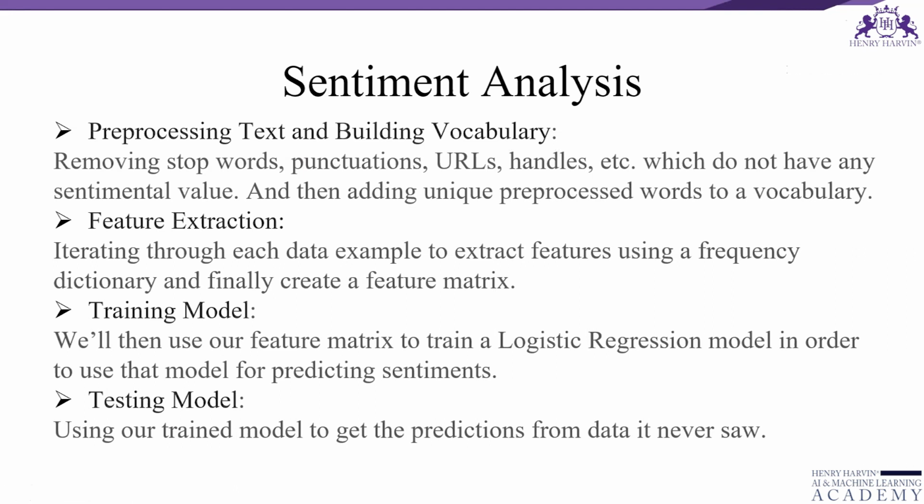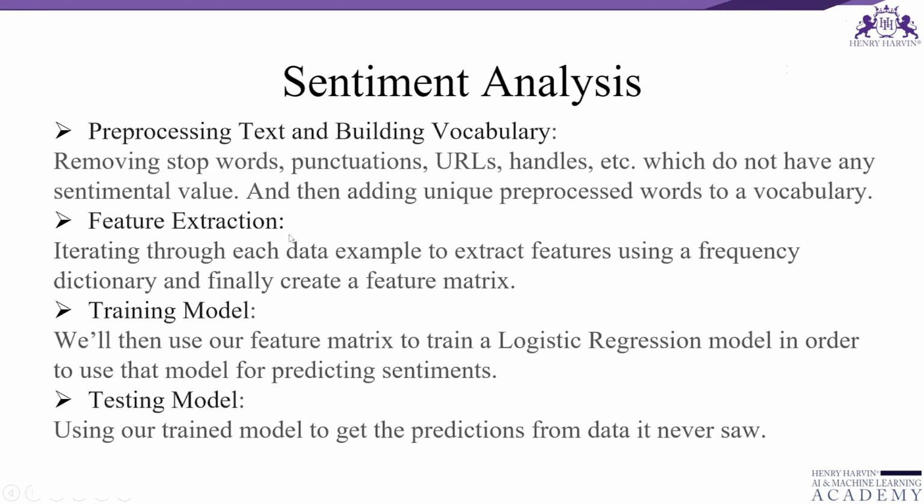So here the first step in the pipeline is pre-processing text and building vocabulary. Here we will be trying to remove stop words, punctuation, URLs, and any special hashtags, which are not really giving any meaning or value to that particular model, right? And then adding unique pre-processed words to your vocabulary.